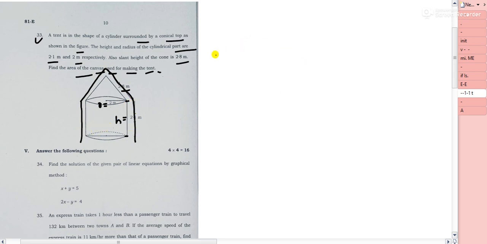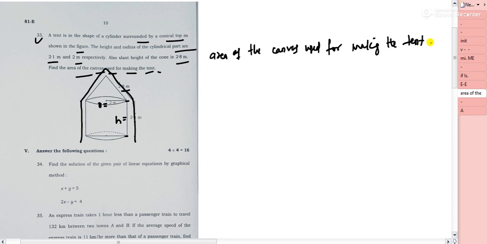So you can write area of the canvas used for making the tent is equal to, I will write it here, LSA of cylinder plus CSA or LSA, both are same. Since it is curved, so I am writing CSA of cone.